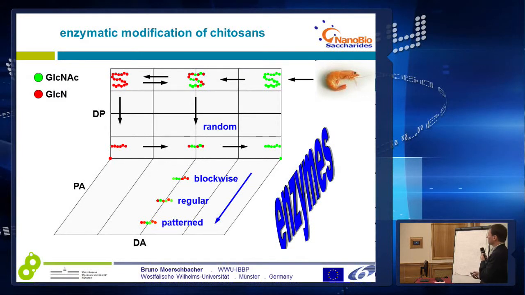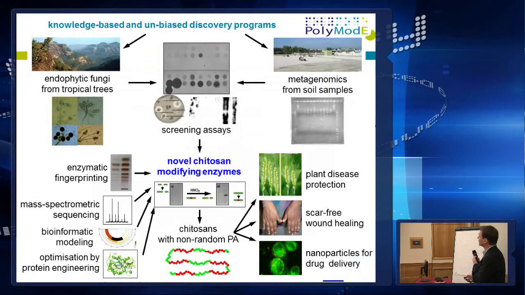This was in the second of our projects, and then the next project focused on identifying novel chitin and chitosan modifying enzymes to increase the diversity of chitosans with non-random patterns of acetylation. These enzymes were, of course, characterized in detail, and then the novel enzymes were used to try and generate novel chitosans, which are now in the process of being evaluated for their potential.